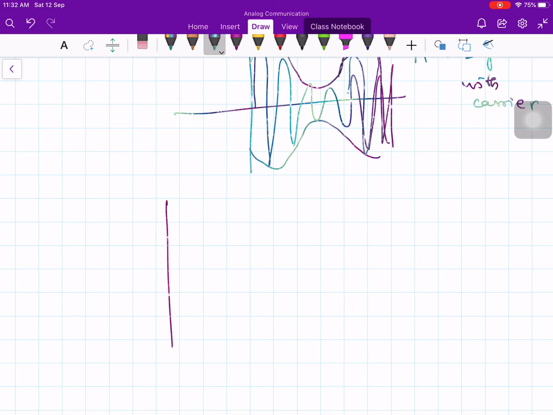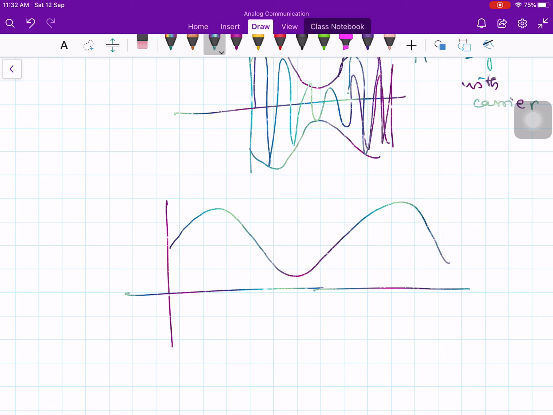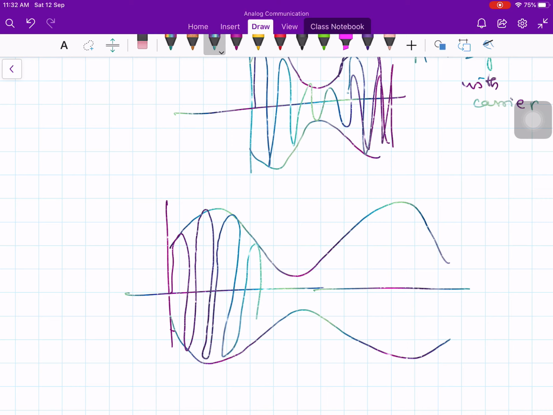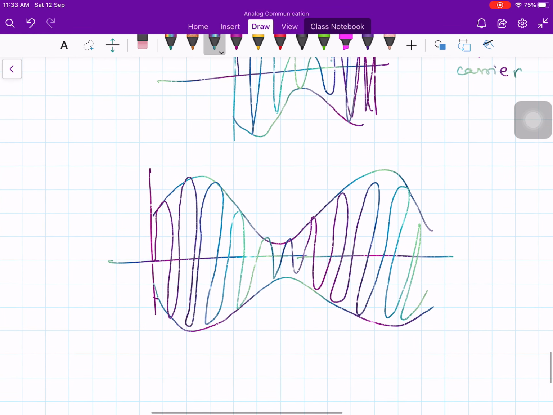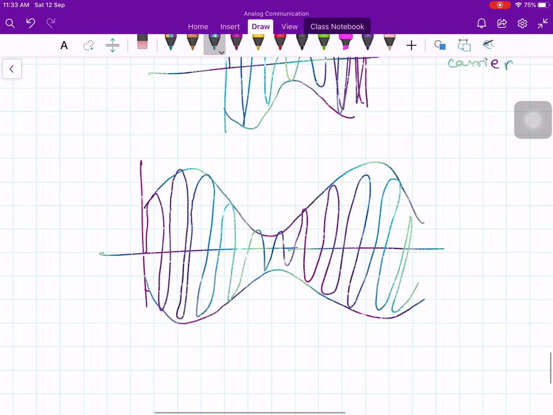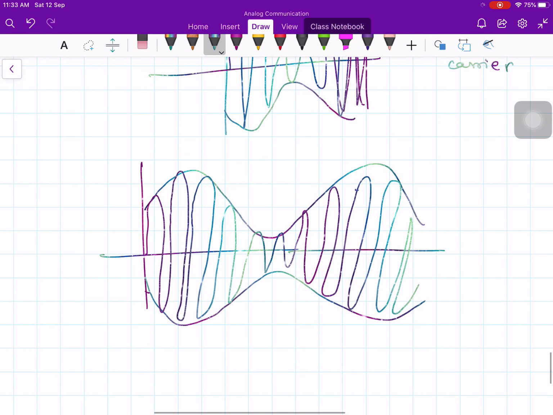So let me draw very neatly, the same kind of envelope, like this. So this is the waveform of your AM modulation. And what is this peak? This one is 1 plus m of t, that we defined as E of t.